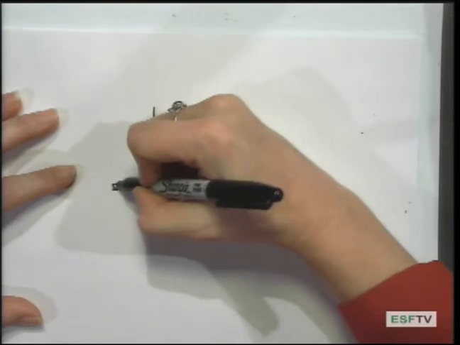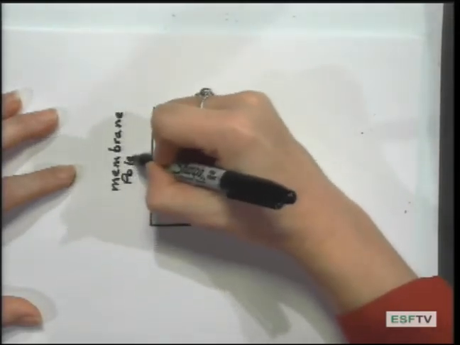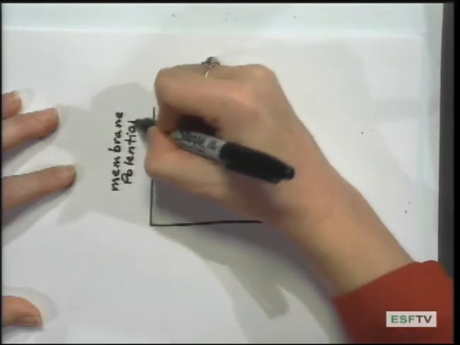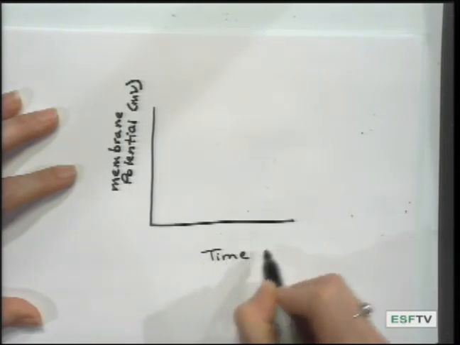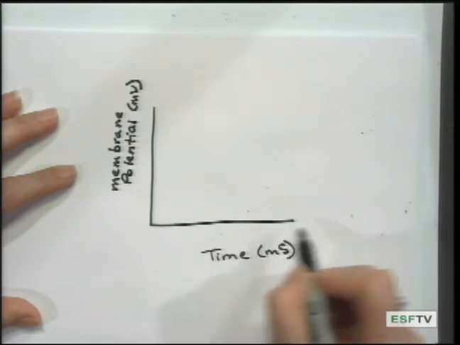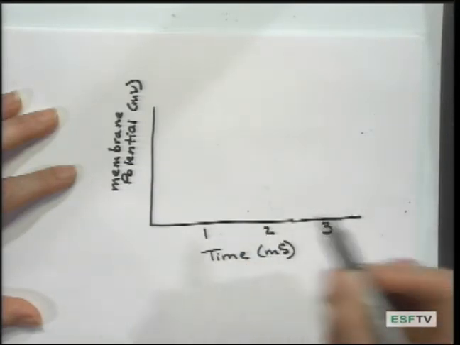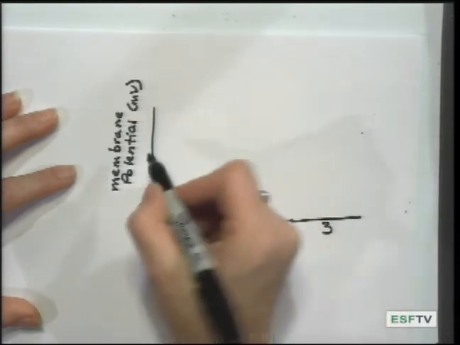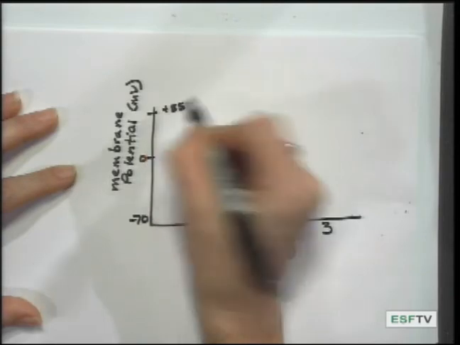And let's draw this particular graph to see this. So here's the membrane potential in millivolts. And this is time in milliseconds. And here's -70, here's 0, and here's +55 or so.